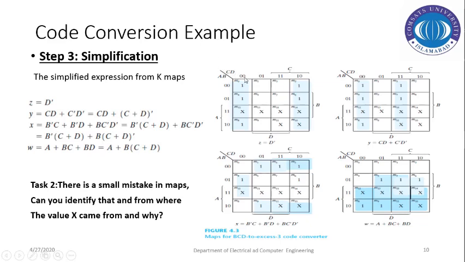If we see the d here, its value is 0 for all these 4 pairs, and similarly it's 0 for all these 4 pairs. So z is being represented as d prime.